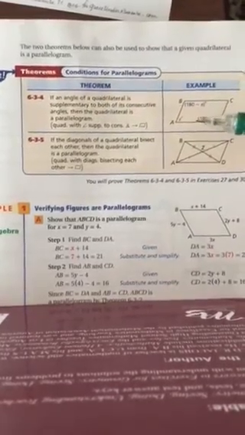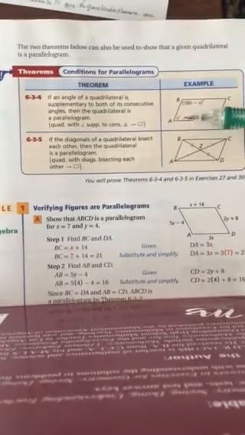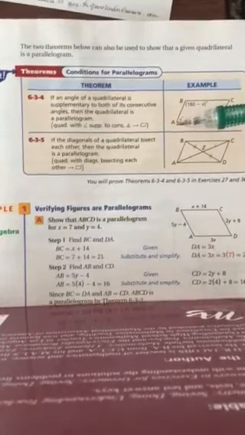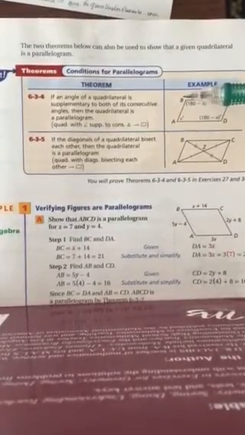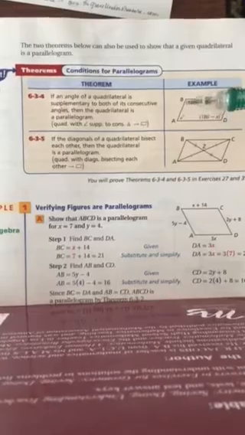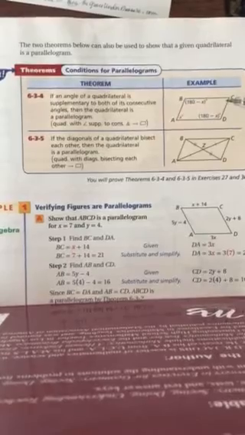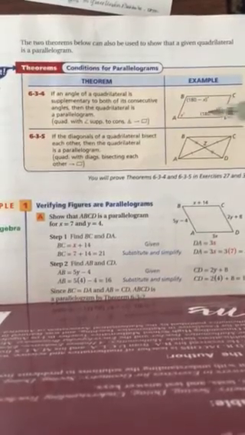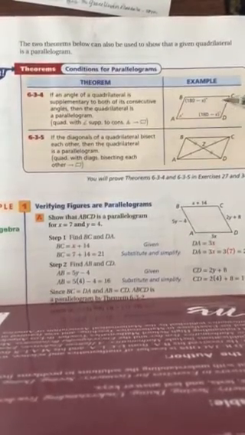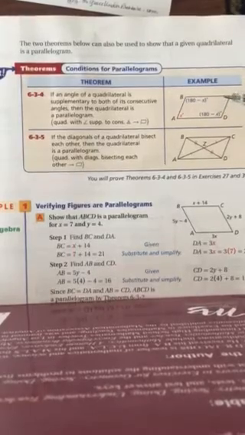So in other words, looking at the diagram, let's say if angle A is supplementary to angle B, then they are going to add up to 180. So we can say angle A is X, we can say angle B is 180 minus X. We could say the same thing about D, and of course C would also have to be X. So again, remember that the opposite angles are congruent.